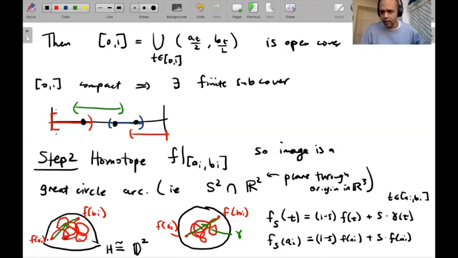So this is crucial because this homotopy is fixed at the endpoints. And so this is going to allow us to glue the homotopies on these individual intervals that meet along their endpoints. So under this homotopy, these points are not moving, and that's sort of important.